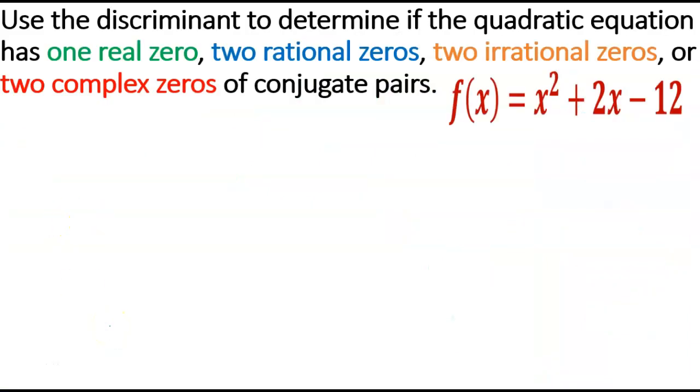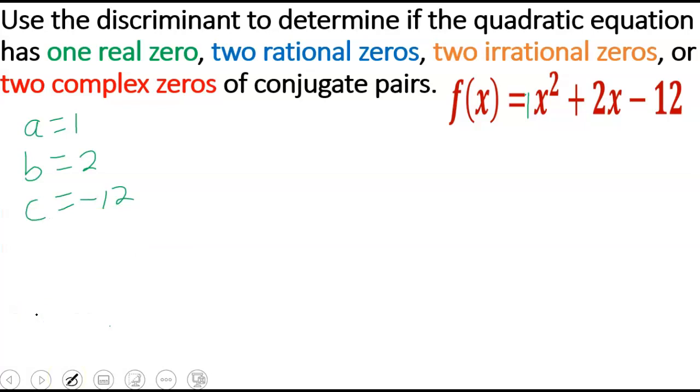So let's use the discriminant to determine how many solutions a quadratic has, and whether it has real solutions or no real solutions. We just need to write our A, B, and C. Our A is 1, our B is 2, our C is -12.